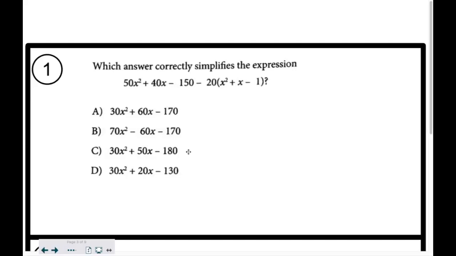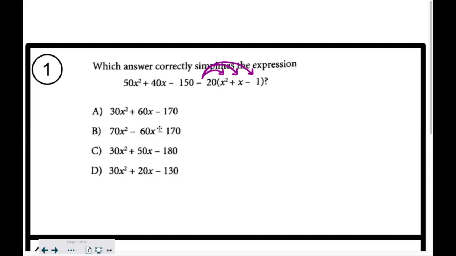So one way to do that would be to first understand that the first thing, if we were doing this in school to solve this problem, would be we would want to distribute this negative 20. But again, if we do that and then combine like terms, that's going to take some time.